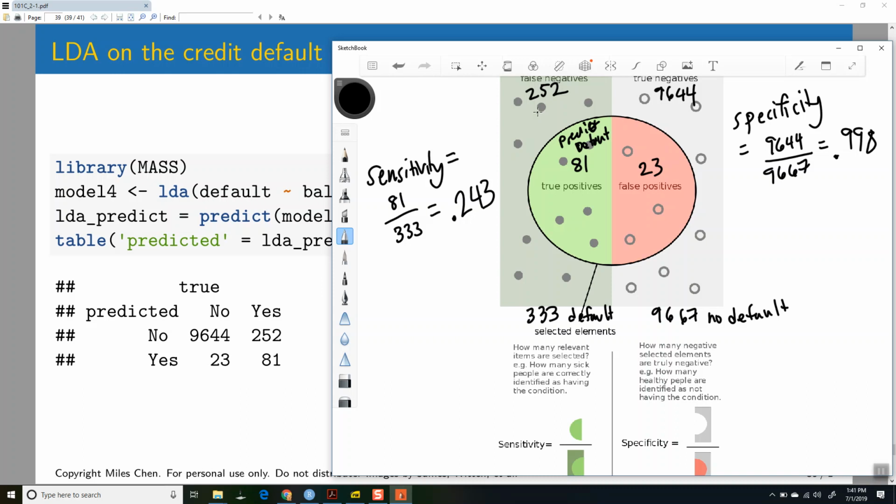Banks generally fall to the side of saying they'd rather make false positives and turn away customers, because the money they lose by turning away a customer is interest. They make tons of money, but they're losing maybe $100 a month in interest on some kind of loan or credit card.